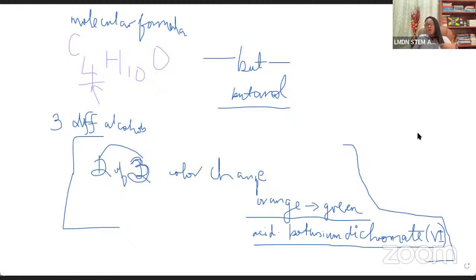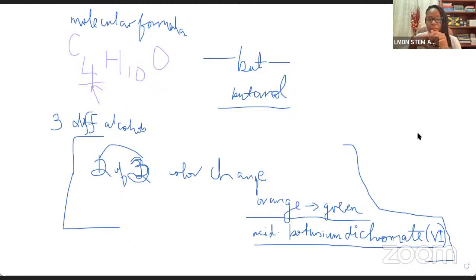So, okay. I haven't taught you guys extensively about all the different functional groups, but you see alcohols. Okay, so as I said, the potassium dichromate is an oxidizing agent, right? So it can oxidize things. And by oxidizing things, I mean we can define oxidation in a variety of ways, right?